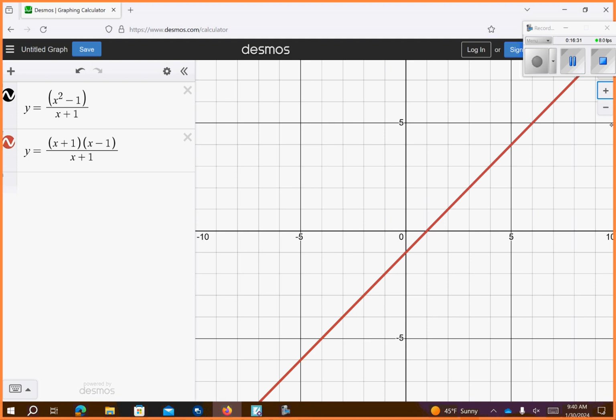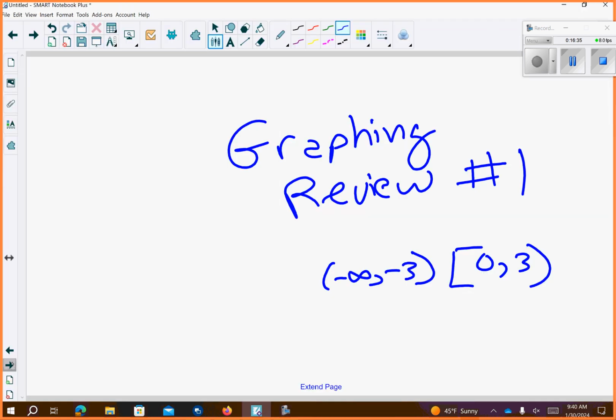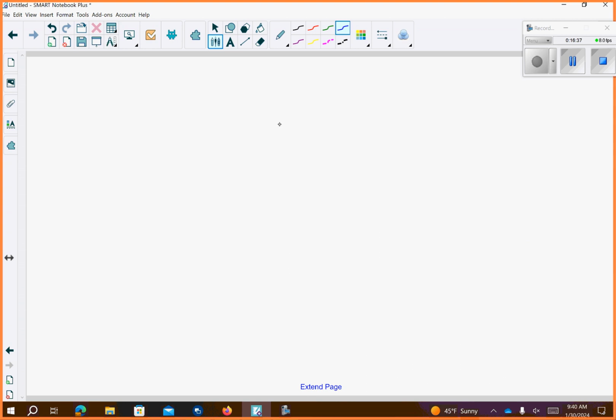So something you have to watch out for is if you graph something and it seems way too simple, like our original example, x squared minus 1 over x plus 1.